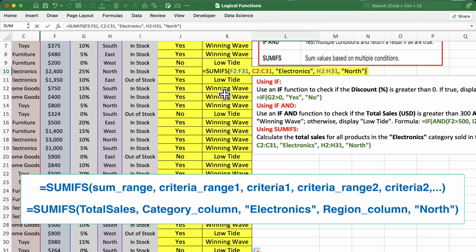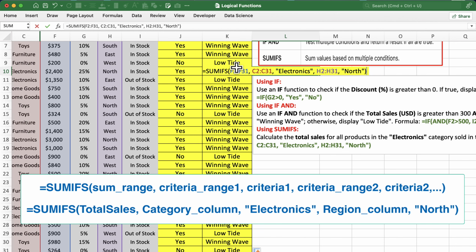I am using this formula SUMIFS: F2 to F31, which is the column containing sales value, and then this is the range for category, and criteria is electronics. H2 to H31 is the range for region, and criteria is North.